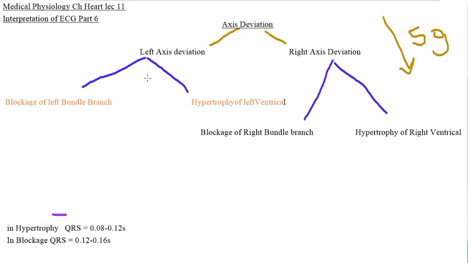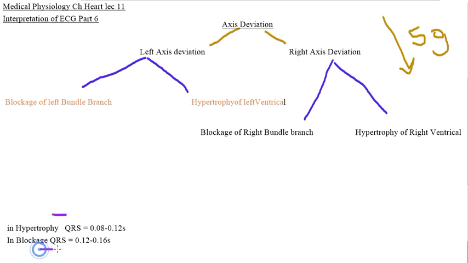If left axis deviation is because of hypertrophy, then the duration of QRS will be between 0.12 second and 0.8 second. If the left axis deviation is because of blockage of the left bundle branch of Purkinje fibers, then the duration of QRS will be more than 0.12 second. It may be 0.14 second, 0.15 second.